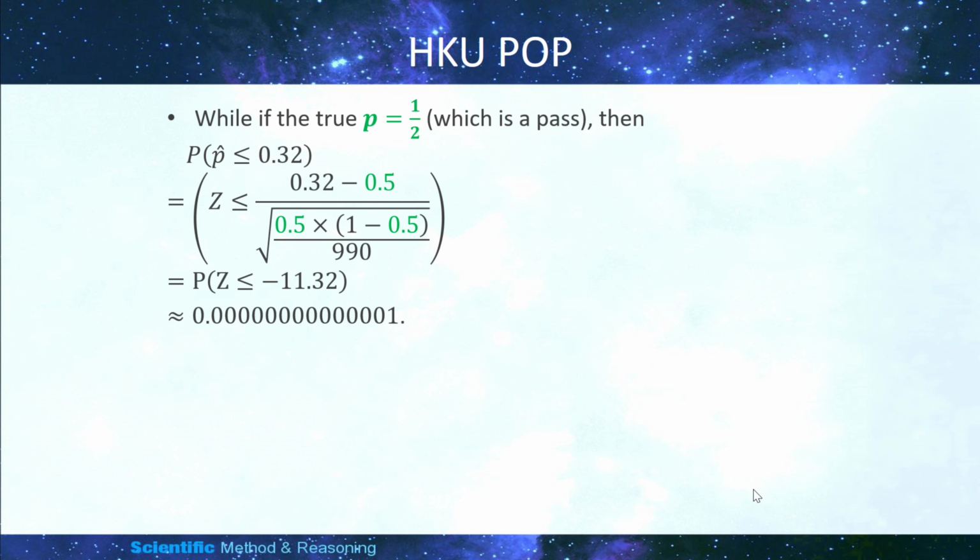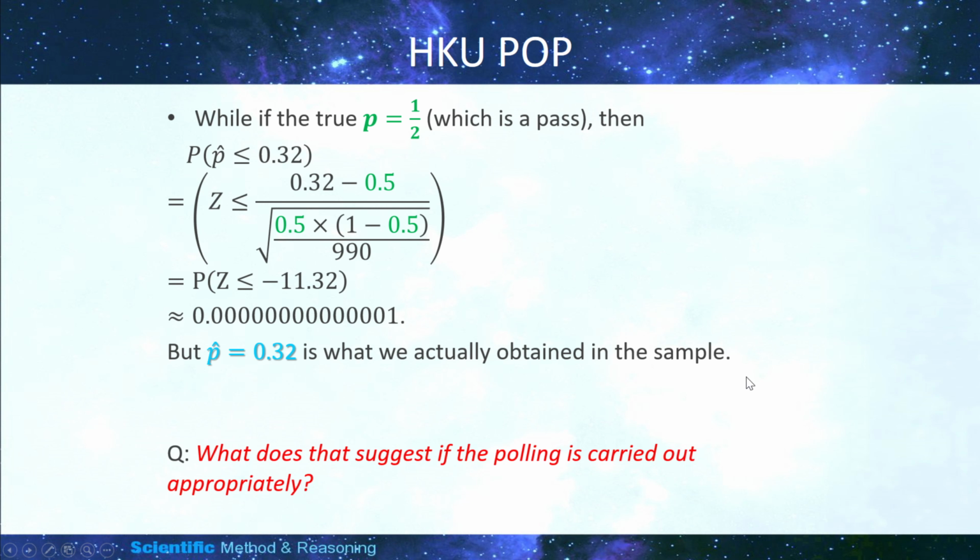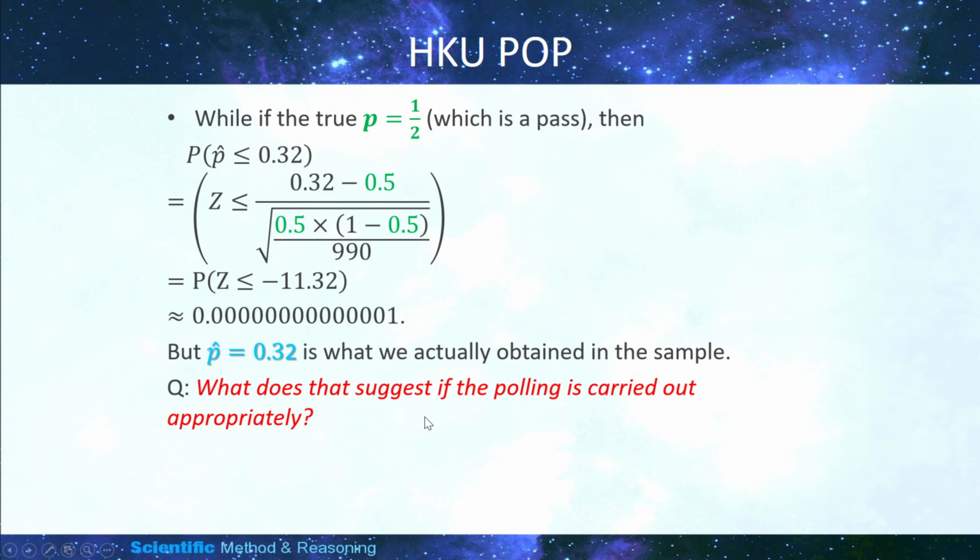Okay, now this is related to the next topic on hypothesis testing. So we will come back to this later. But p hat equal to 0.32 is what we actually obtained in the sample. So what does this suggest if the polling is carried out appropriately? We are not supposed to obtain such a result if this is true.